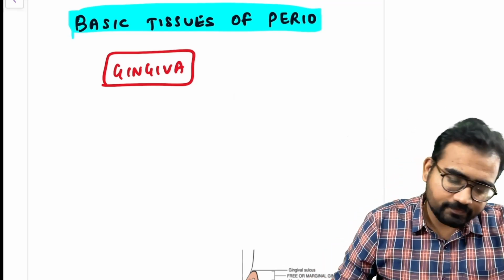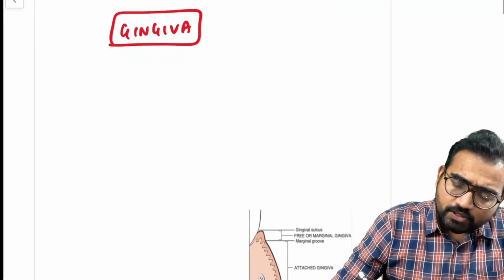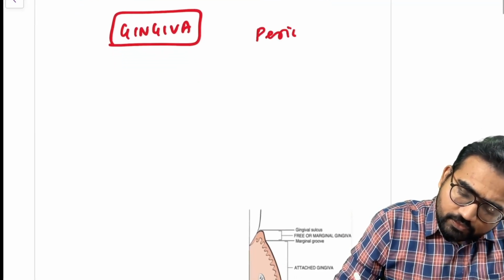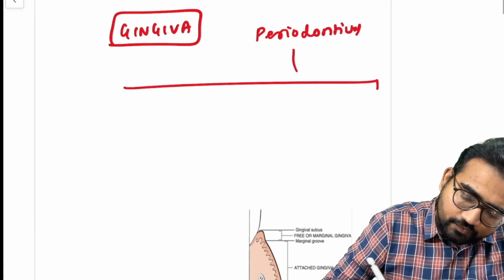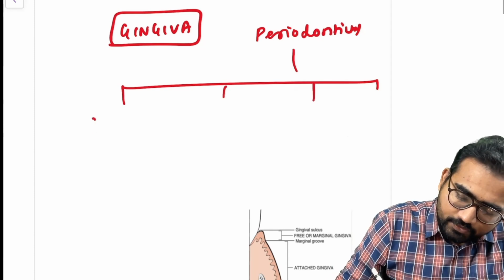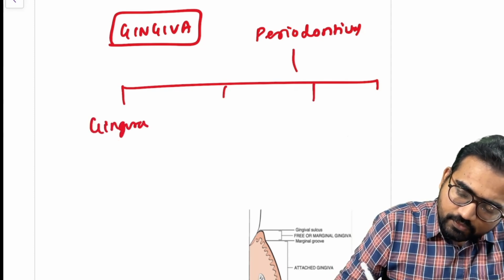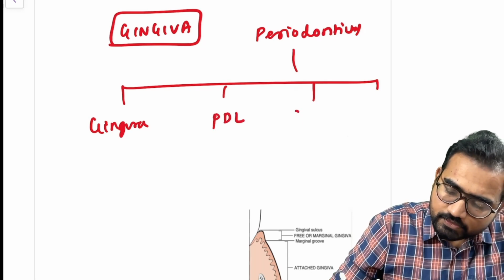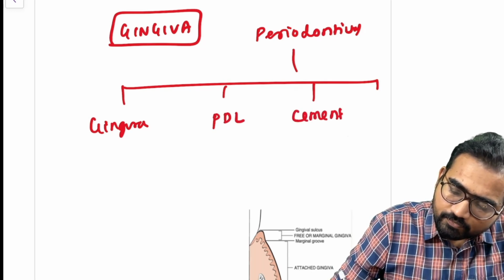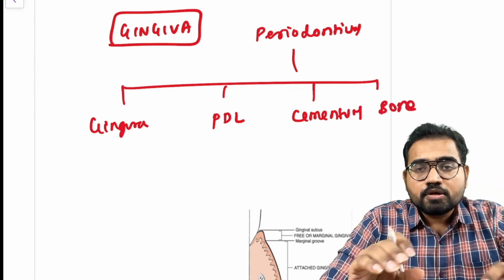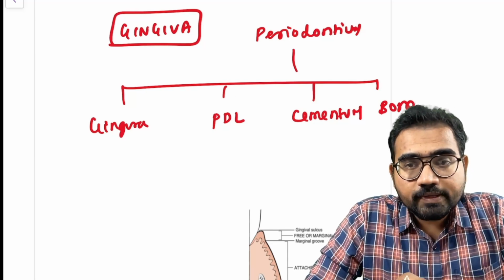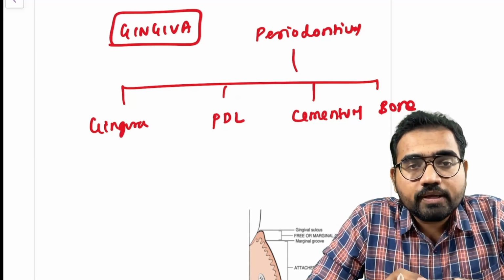As I told you, the periodontium basically has four tissues, isn't it? Gingiva, PDL, cementum, and bone. Of all these, two will be soft tissues and two will be hard tissues.